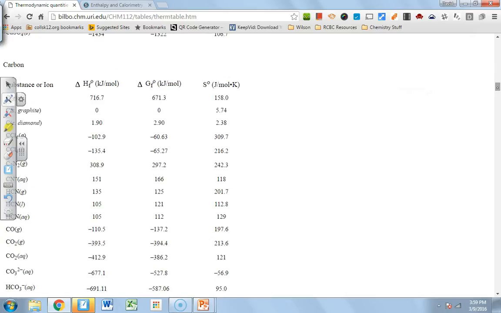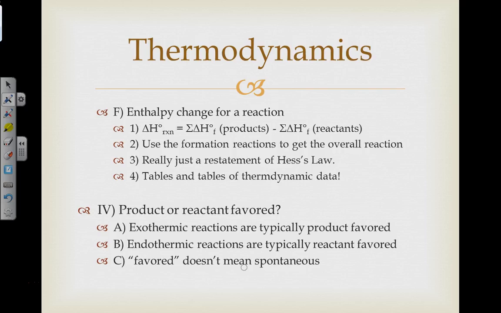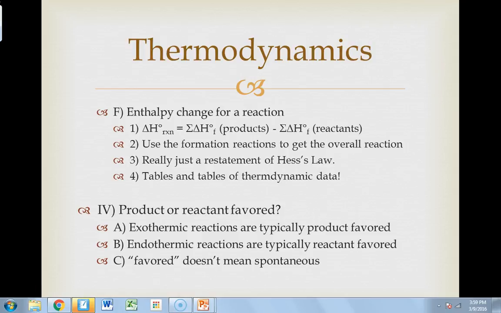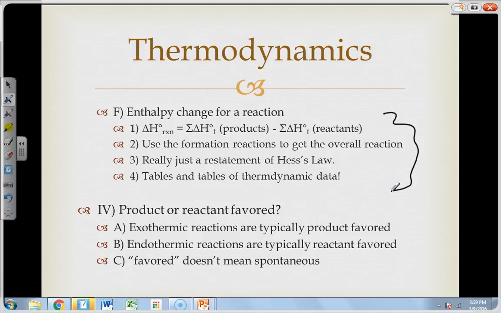Then we can just do products minus the reactants. We do have to multiply them by the number of moles in the balanced chemical reaction in order to get the right answer. This is really what we're doing when we do thermodynamics.